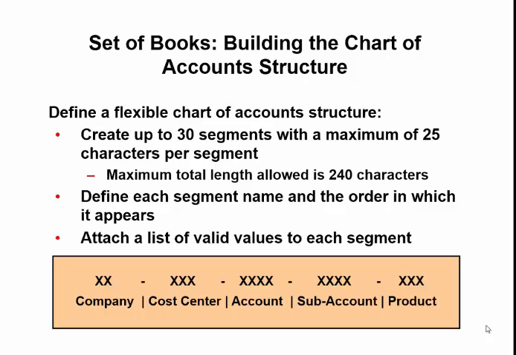Because again, the industry will have to report on all organizations that belong to that industry. So it's important that they have commonalities. So if the whole industry is producing a specific product, then definitely you would have product as that segment.